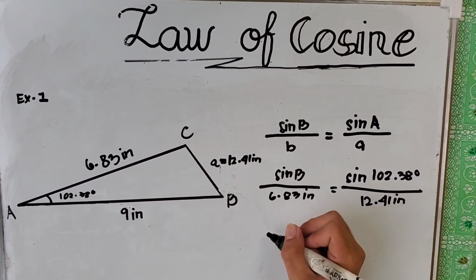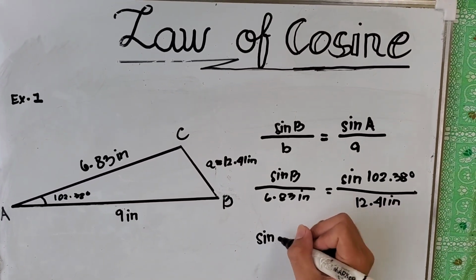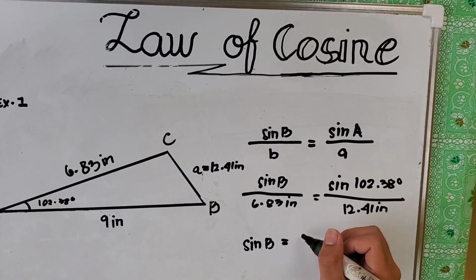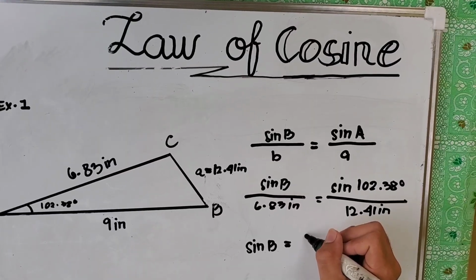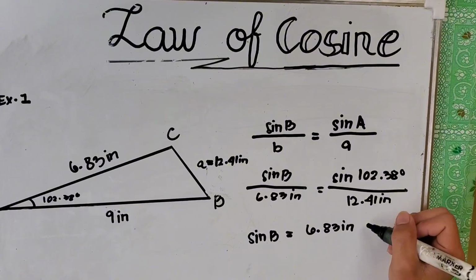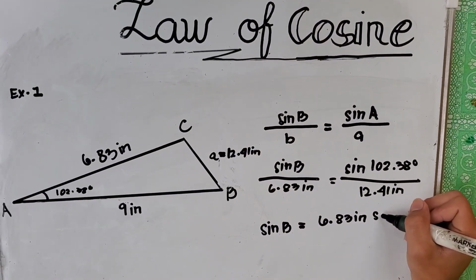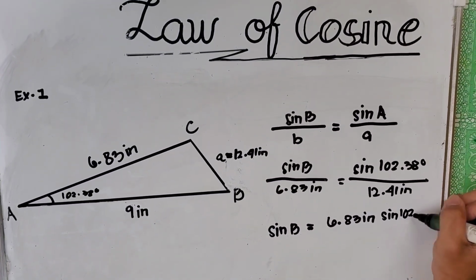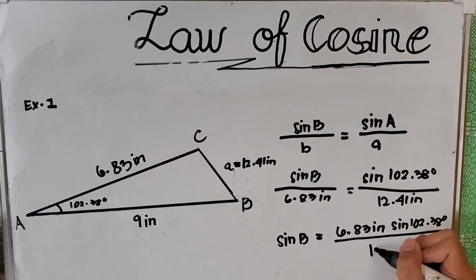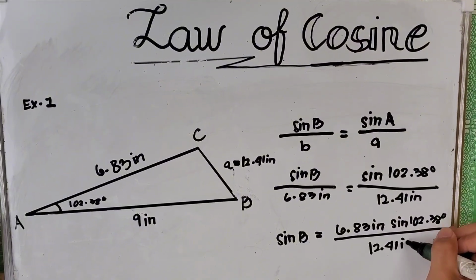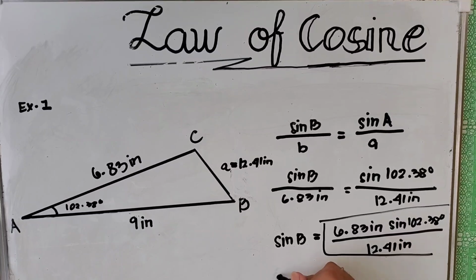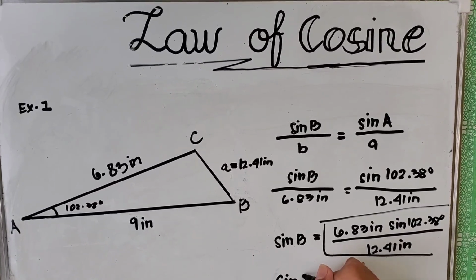Next is to cross multiply, and we achieve sine B is equal to 6.83 inches times sine 102.38 degrees, all over 12.41 inches.